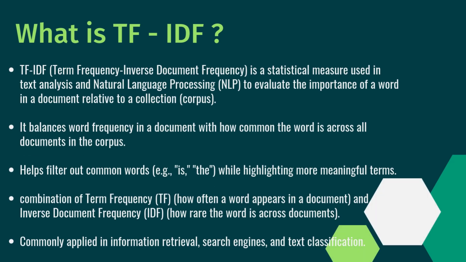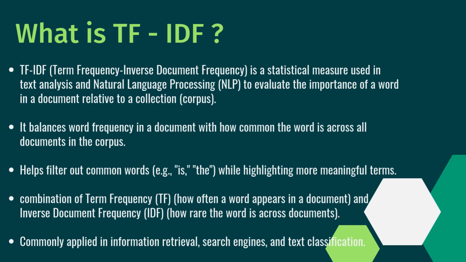TF-IDF, or Term Frequency Inverse Document Frequency, is a statistical measure used in natural language processing to evaluate the importance of a word within a document relative to a larger collection, or corpus. It works by balancing two factors: term frequency, which counts how often a word appears in a document, and inverse document frequency, which considers how rare the word is across multiple documents.